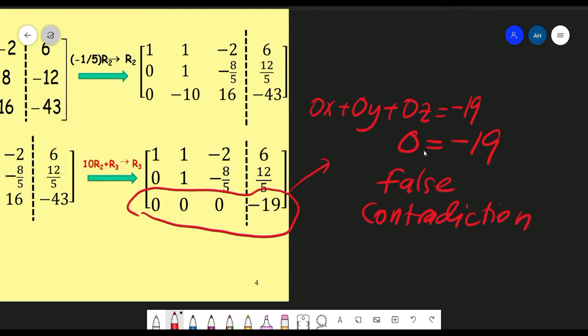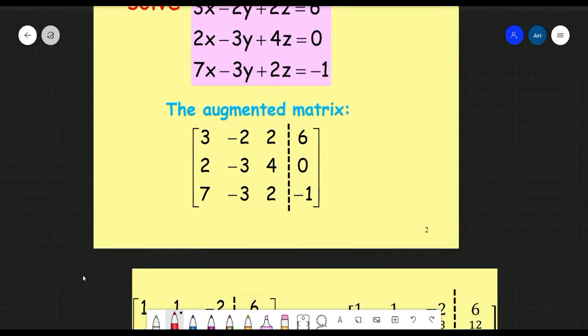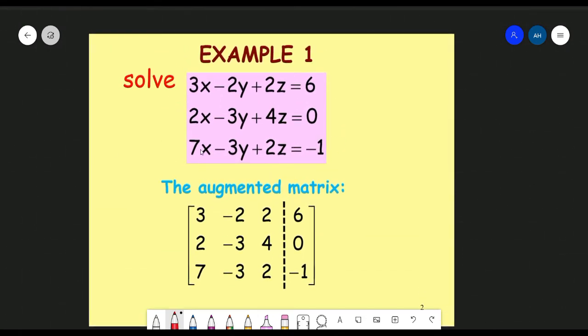Now, when a contradiction or false statement appears during our process of doing elementary row operations, what this is telling us is that our original system of linear equations, this one, has no solution.